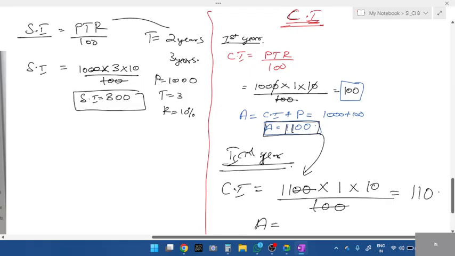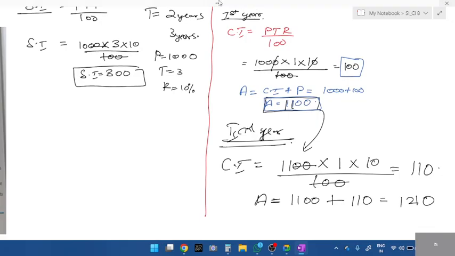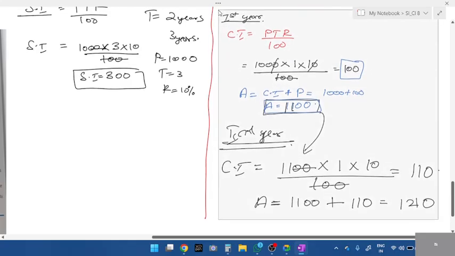For this amount, take the second year principal. What is the second year principal? We took 1100 plus the interest, 110. 1210. Is this clear? Total amount for second year, calculate this. Third year I'll teach. Not calculate, copy this, students, right?